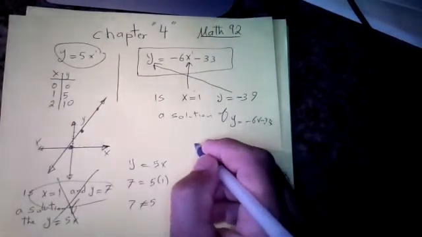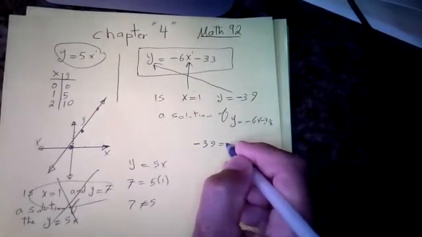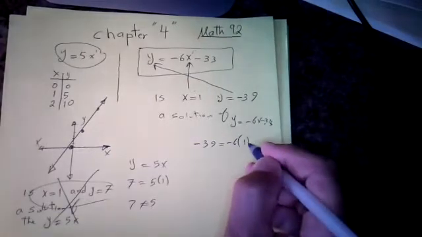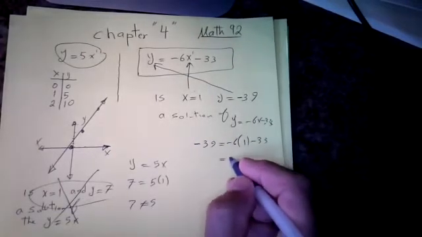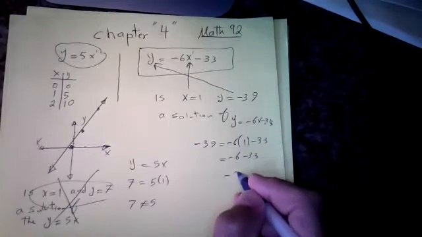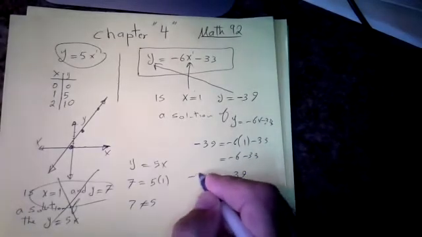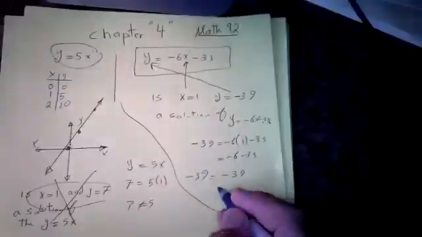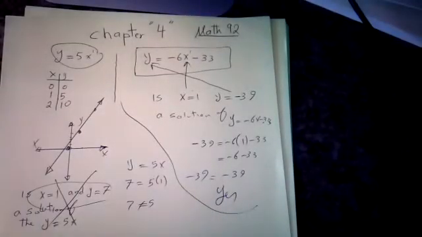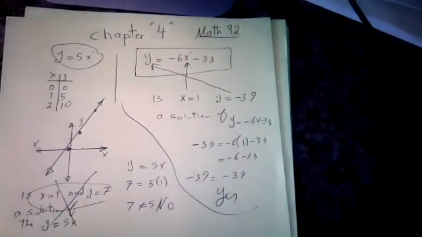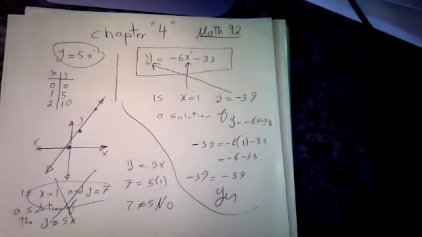So then you see minus 39 on one side, and on the other x is 1, minus 6 minus 33. Then you see both sides are equal. Then you say yes, and no for the other one, okay? So anytime we give you a point and ask you to verify whether that point belongs to that equation or not, you just take the x and y value of that point and plug into the formula.